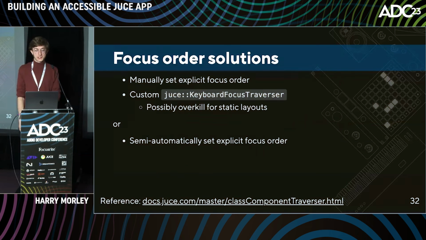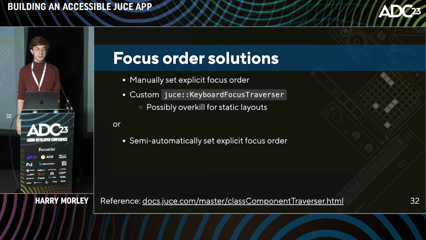Well, there's a number of solutions. We can manually set the explicit focus order. I'll go through these things in a sec. We can make a completely custom JUCE keyboard focus traverser. But that's probably overkill for a static layout like the one we've got.